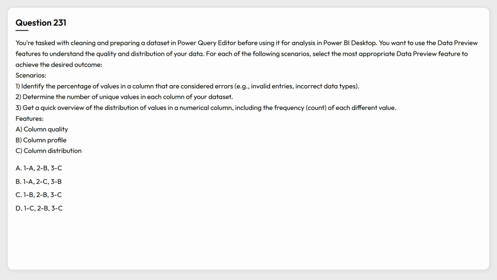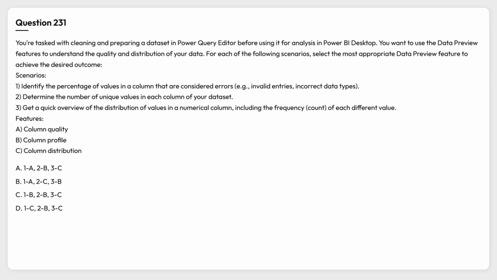Scenarios. 1. Identify the percentage of values in the column that are considered errors. Example, invalid entries, incorrect data types. 2. Determine the number of unique values in each column of your dataset. 3.